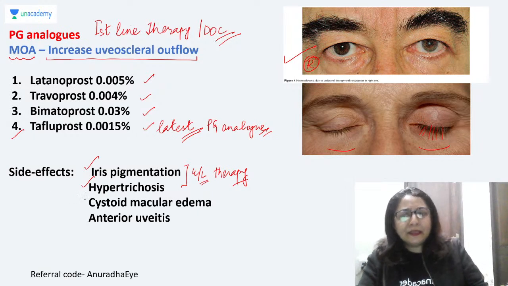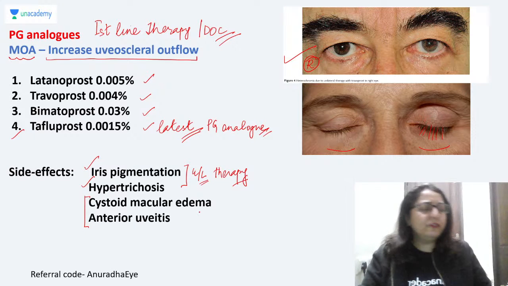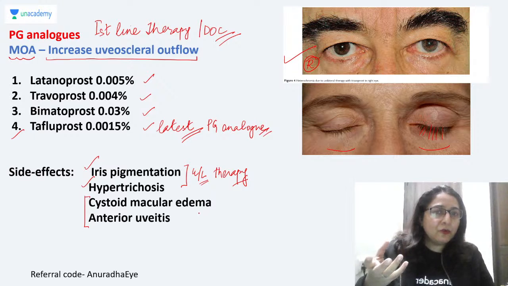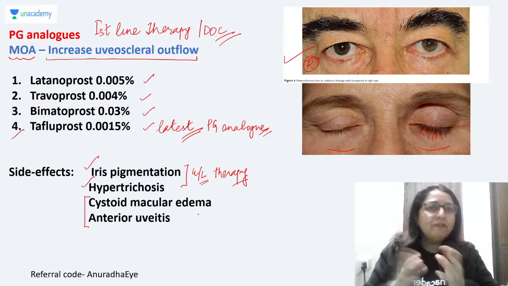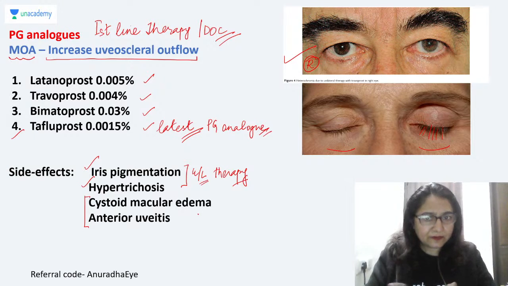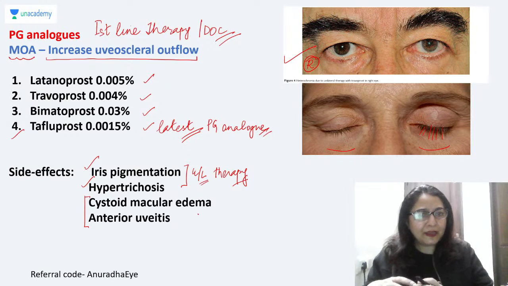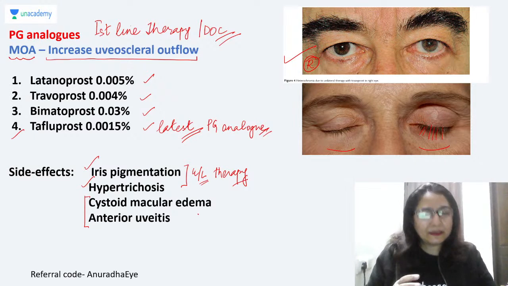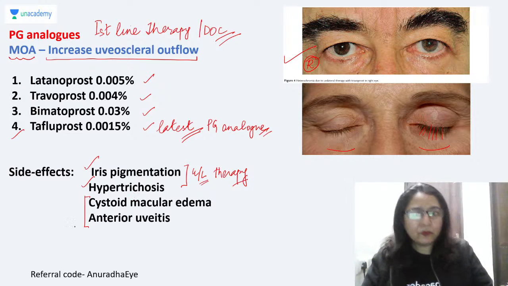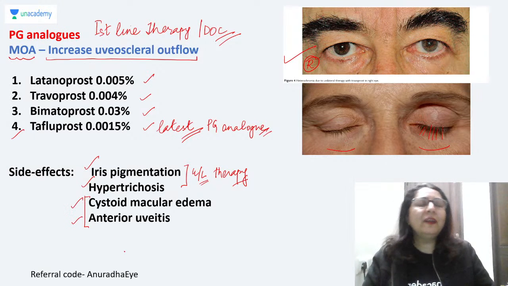Then the other important side effect of using prostaglandin analogs is that prostaglandins are associated with inflammation. In the body, they are inflammatory mediators. So when these topical prostaglandin analogs are used as anti-glaucoma drugs, they can cause inflammation in the eye. They can be associated with anterior uveitis, and they can cause cystoid macular edema.